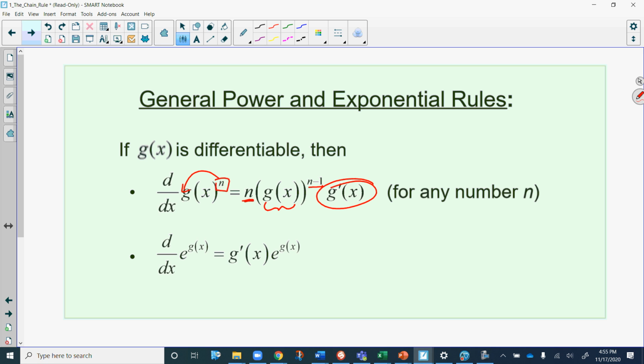And it'll be the same thing if we're using e, because you remember, if you have something e to the x power, the derivative of e to the x power is itself.